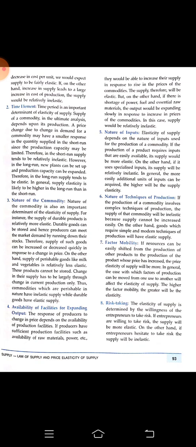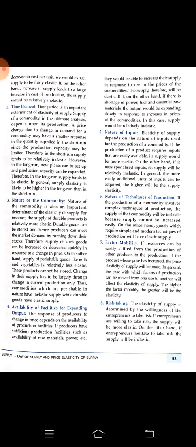Factor mobility. Whatever raw materials or factors of production are needed to produce that product, if the factors are mobile, they can be shifted from production of one commodity to another. Suppose a farmer is producing cabbage and finds that if he starts cultivating peas, he'll be able to sell it at a high price.